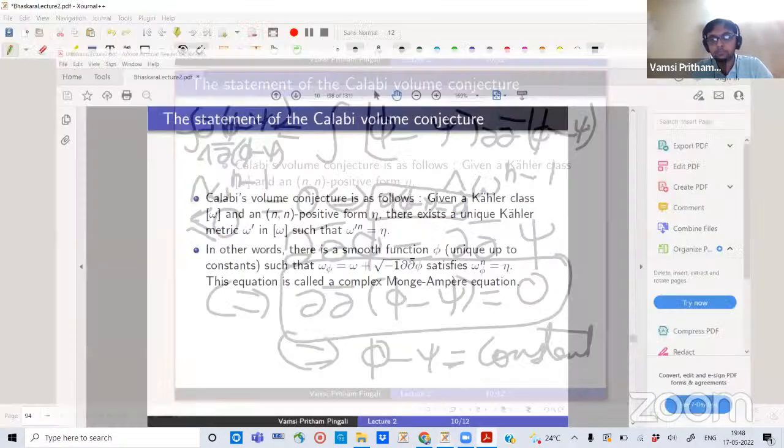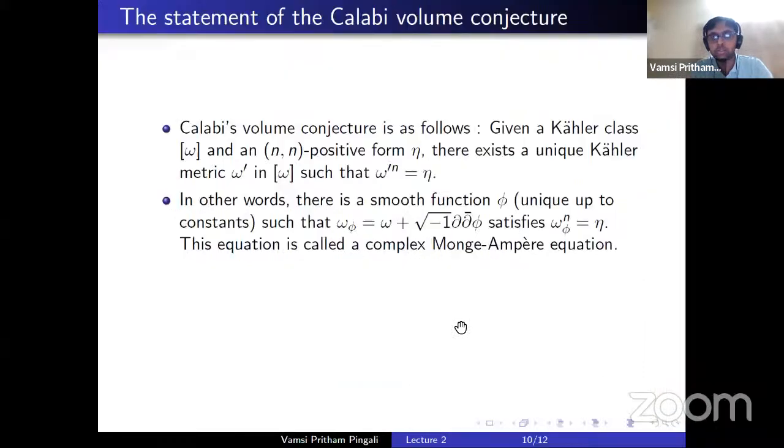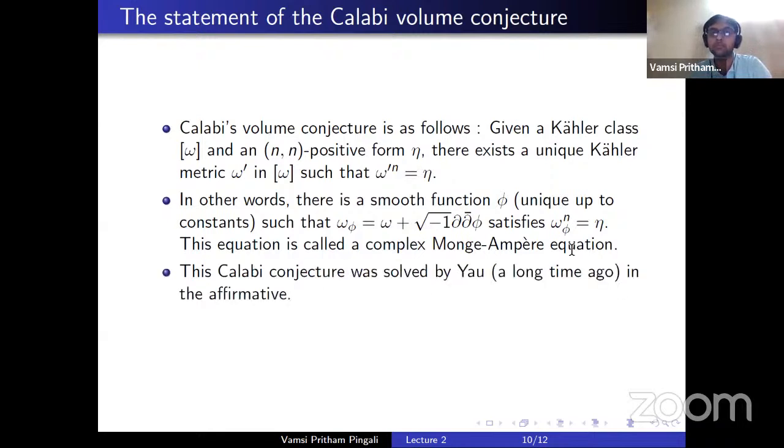Nonetheless, in other words, this question is equivalent to saying, find a smooth function and prove it is unique up to a constant so that this happens. So Calabi's volume conjecture is this complex Monge-Ampere equation.